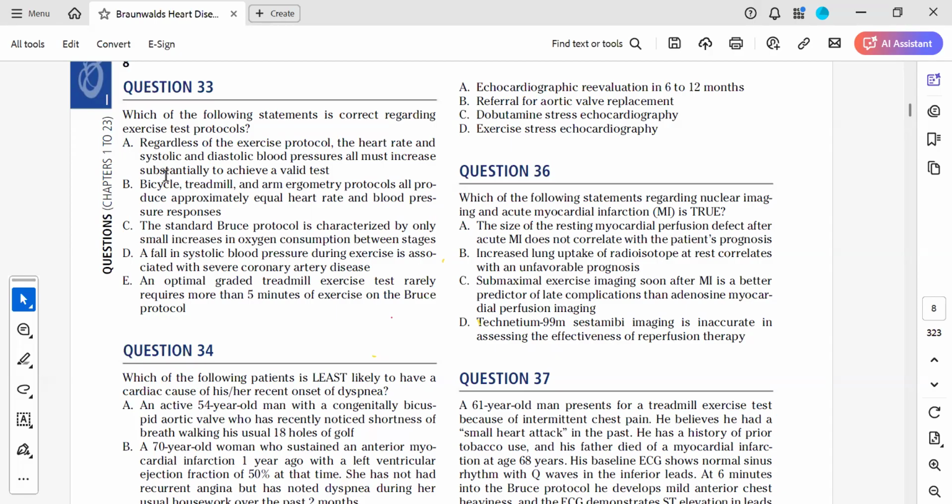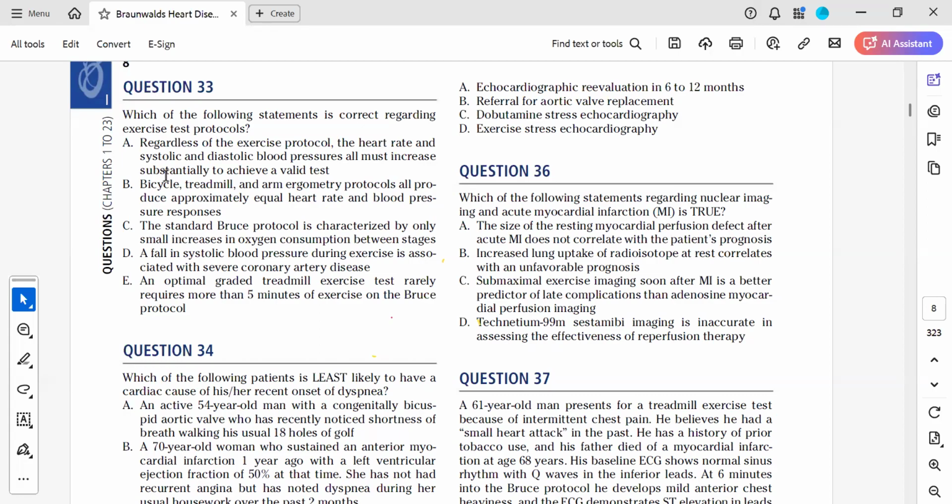The heart rates are similar to that of the treadmill, but the difference being that the oxygen consumption for the bicycle is lesser than that of the treadmill. So they are not the same. You can achieve maximum heart rate, but the oxygen consumption is less compared to that of the treadmill.